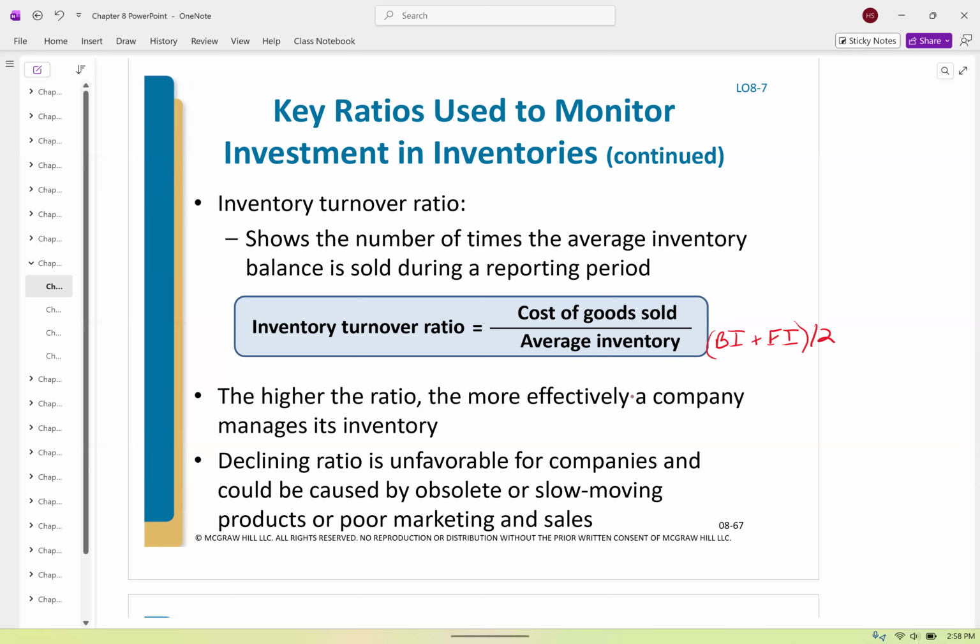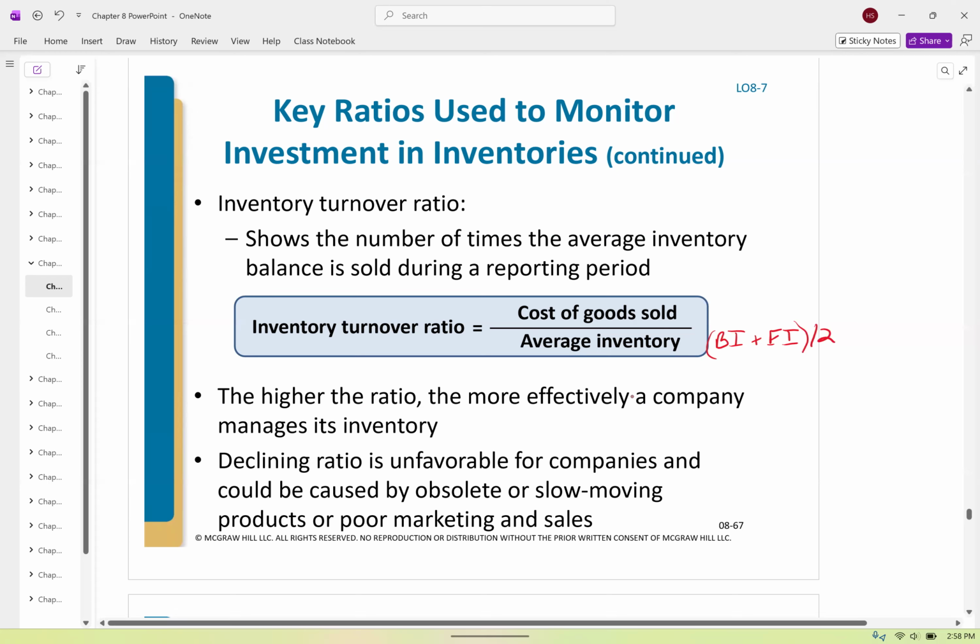Okay, the higher the ratio, the better. Okay, this tells us how many turns, how many times we've completely sold all of our inventory in a given period. Okay, remember this is going to greatly depend on the industry you're in. Okay, if you think about Walmart, Target, Kroger, they're selling stuff every day. Me and you go to the grocery store, Walmart, every single week and we buy consumables.